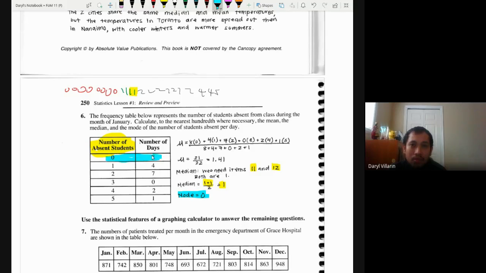Again, the mode of a set of data can be none, or, in this case, you have only one mode because you only have one value that is greater, that is 8 days, which gives you 0. But let's say, for example, if the 2 here is also 8, the mode will be 0 and 2. And I think that's it for the first one.